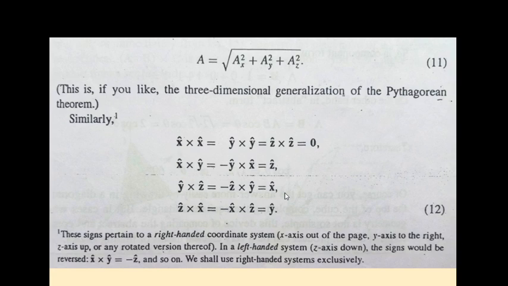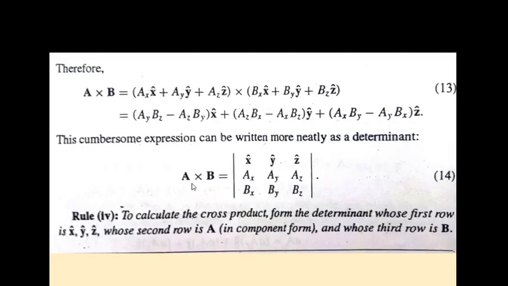In the case of a cross product, you can also put it in terms of a determinant, where the first row will be the unit vectors x cap, y cap, z cap. The first vector would be the second row, and the second vector would be the third row of your determinant.